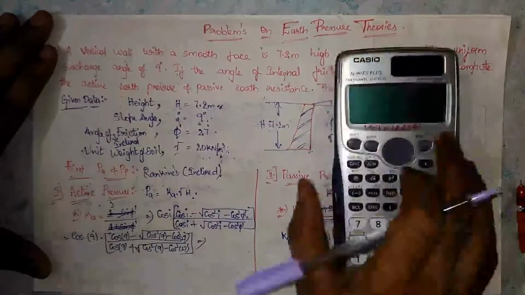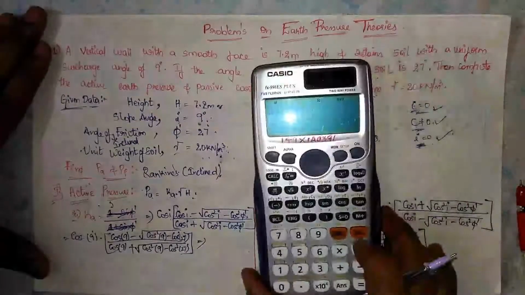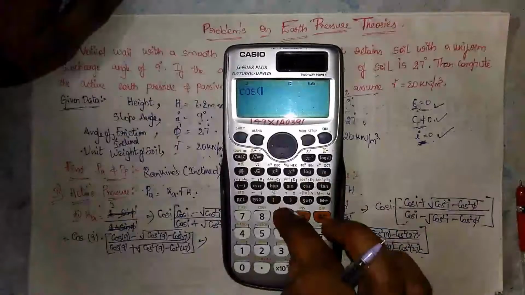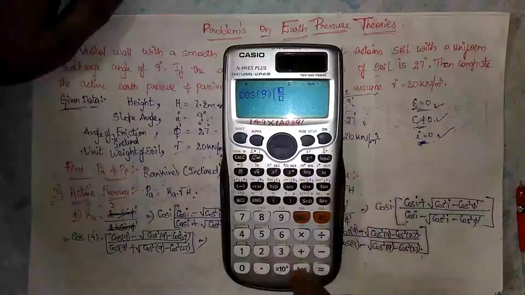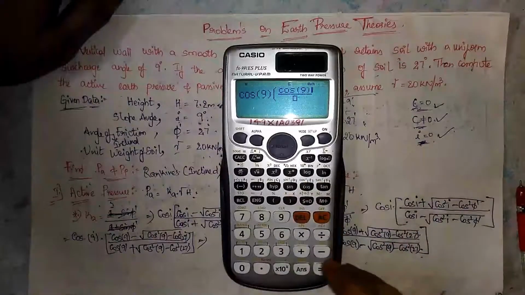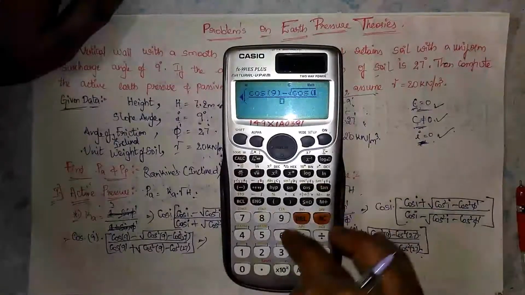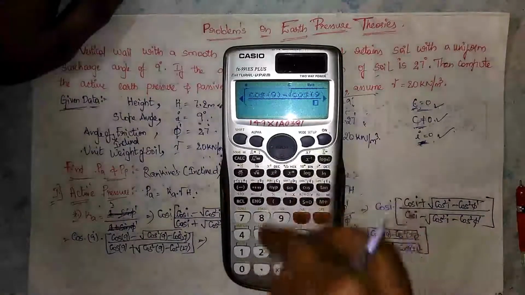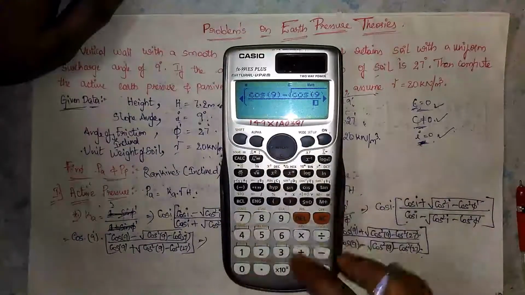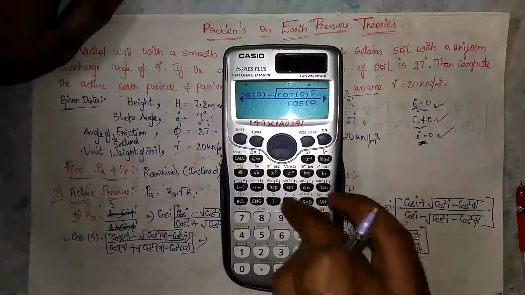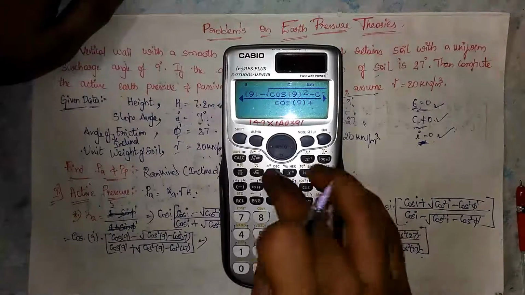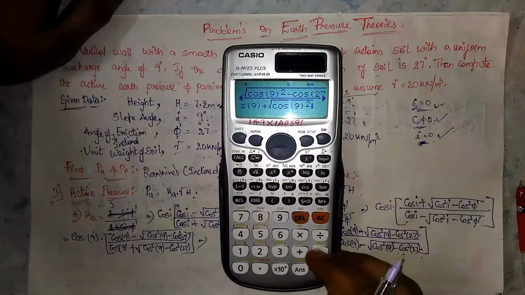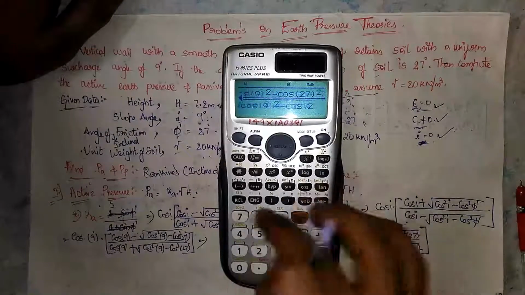Next, with the help of the Casio calculator, we can calculate Ka and Kp. Cos 9 into (cos 9 minus root of cos square 9 minus cos 27 square) by (cos 9 plus root of cos 9 square minus cos 27 square).